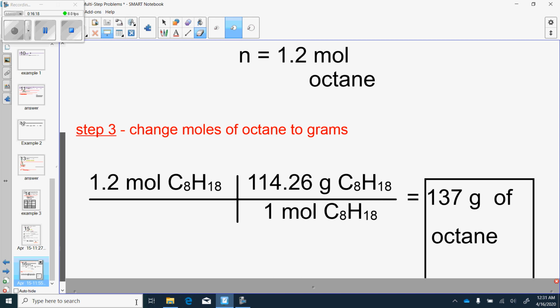So 3 steps there, using lots of chemistry that we've used before. The knack to these multi-step questions is just taking a minute, looking at the question, maybe writing down what you know and what you're looking for, making a little table like I did, and then deciding what steps are going to be helpful and what order to do them in.